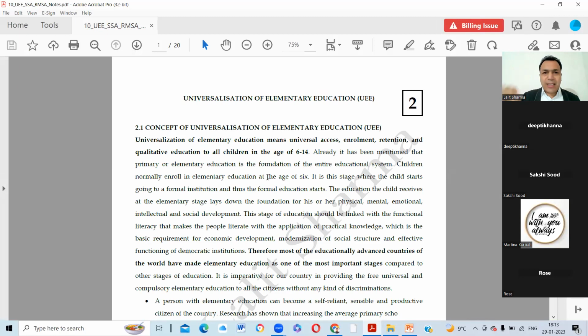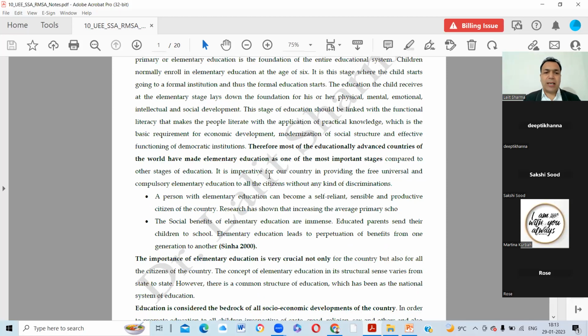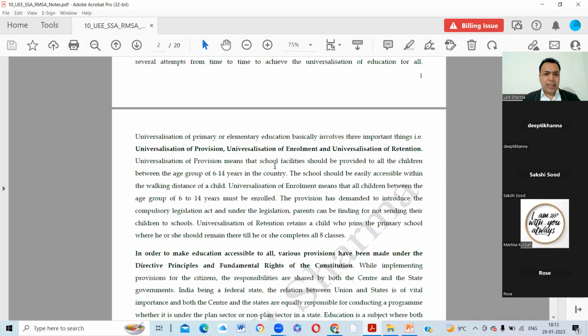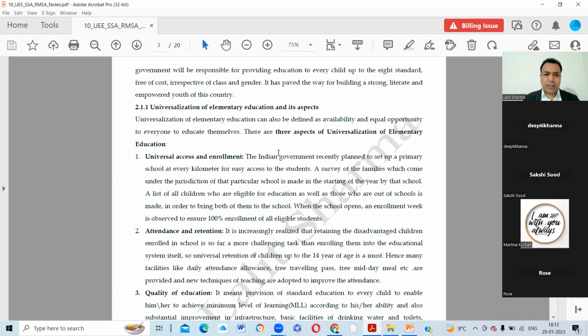This is called the agenda of universalization of elementary education. We have to provide elementary education free of cost to students across the country from the age of 6 to 14. Even, guys, our Article 45 also says free and compulsory education, right?